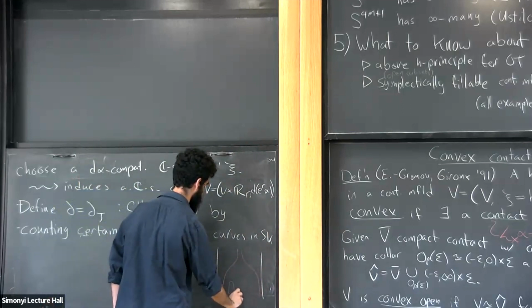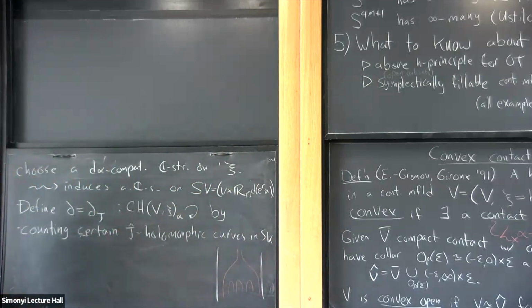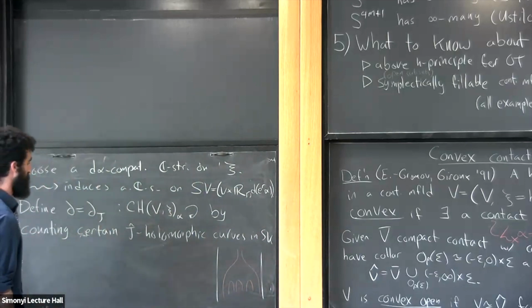We have genus zero curves with several punctures, and the punctures consist of a single Reeb orbit on top and possibly several Reeb orbits on bottom.